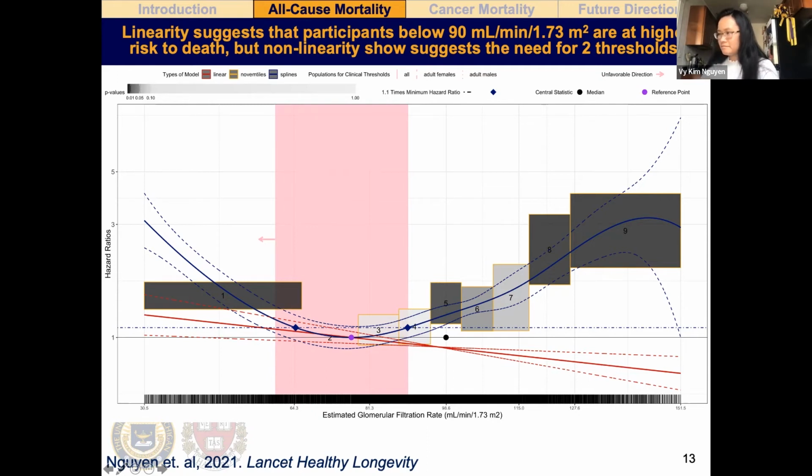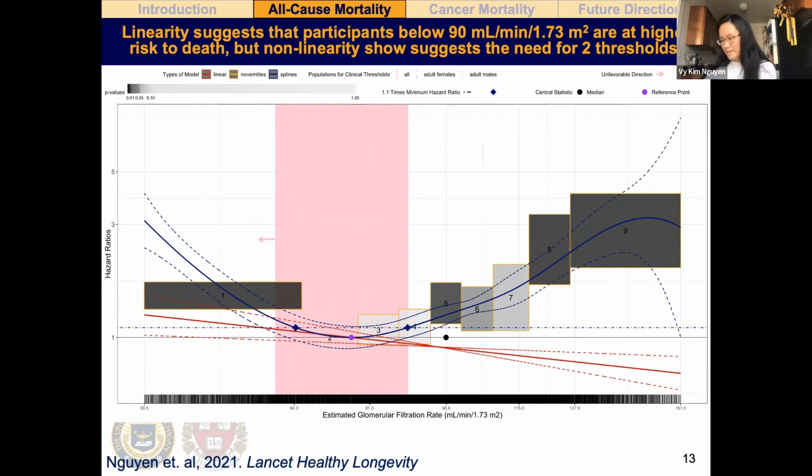Based on the clinical threshold, you are at risk when you're below 60, but the current clinical threshold does not take into account that when you have really high levels of GFR, you are also at increased risk, and the risk there is even more than when you have lower levels.